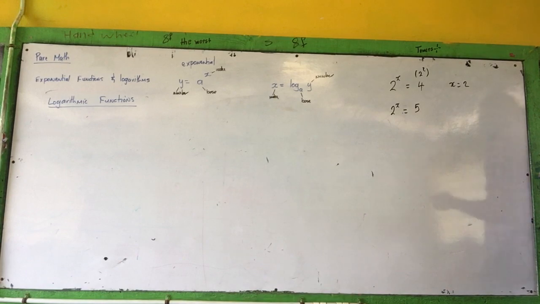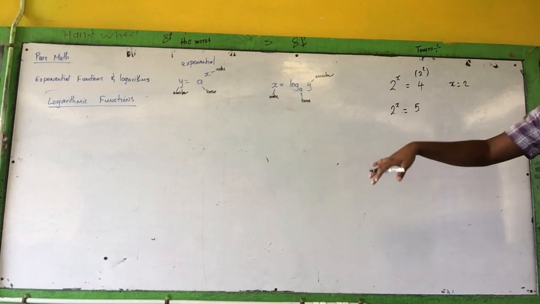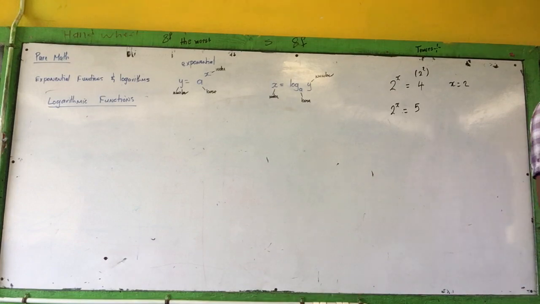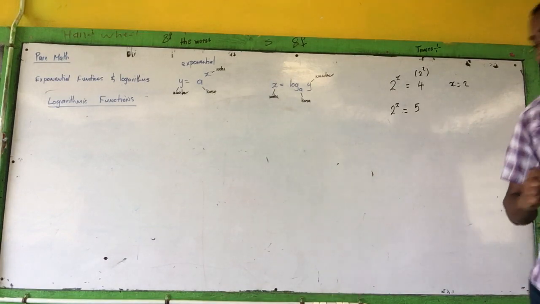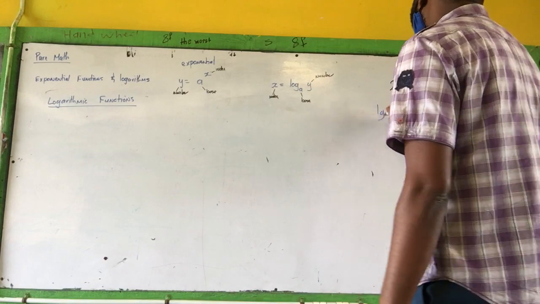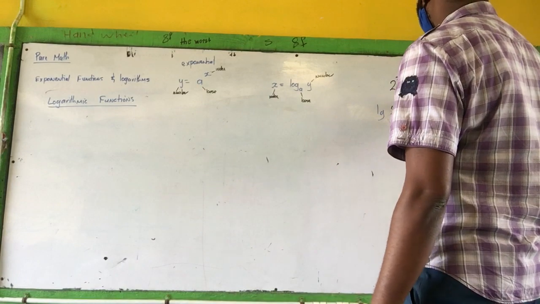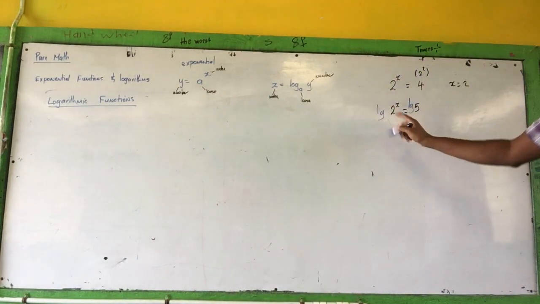So we use log. What log allows us to do is take the index down. There's a whole set of rules for log. So generally, let me introduce it. If you take log, LOG or LG, of both sides, you end up rewriting the left side.